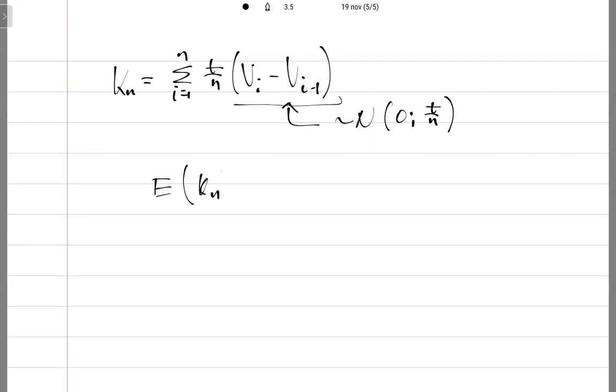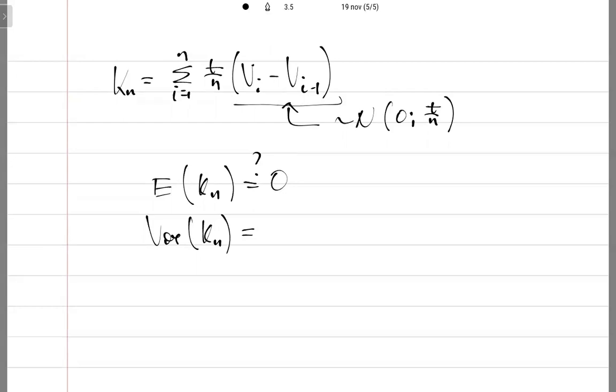So the expected value of Kn is 0. The variance of Kn is a little bit subtle, because we need to check whether these differences are dependent.